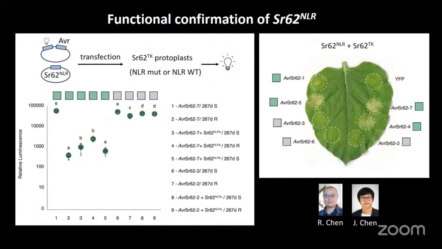Just expressing the NLR and the tandem kinase, you don't get cell death. But when you co-express the green flavors of the effectors, you get cell death, but only with the functional effectors. This indicates that we can recapitulate the gene-for-gene interaction in this transient system, which is very useful because this is a very fast assay.